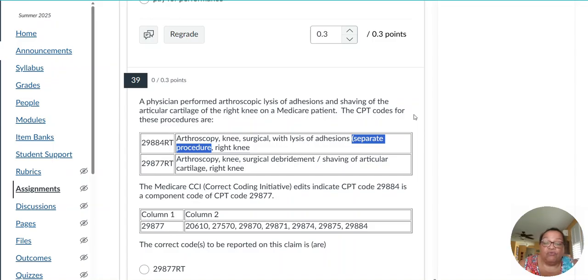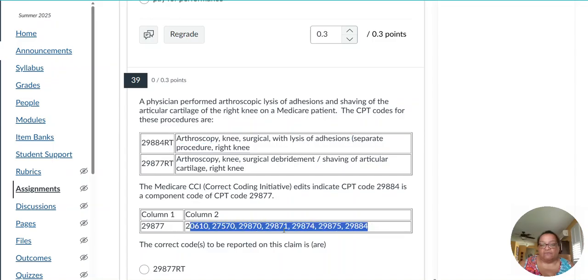We are reinforced or reminded that that is an important concept, especially for a Medicare patient, because of the Medicare CCI edit. The Medicare CCI edit says 29877 is in column 1 and all of these codes are in column 2. What does that mean? Based on our education, we will recall that that means that this code, in this case 29877, includes all of these codes.